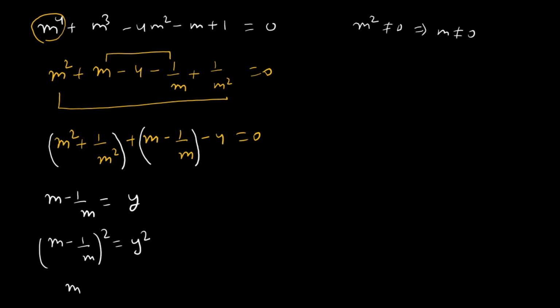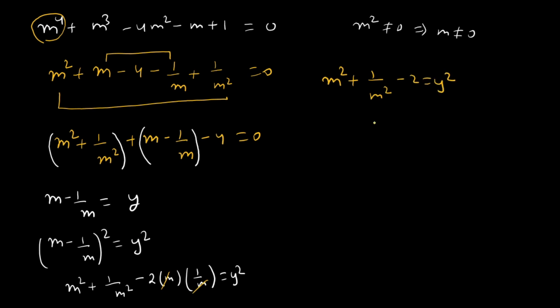Then we get m square plus 1 over m square minus 2 times m multiplied by 1 over m, and this is equals to y square. Then this m and this m cancel out, then m square plus 1 over m square minus 2 equals y square.